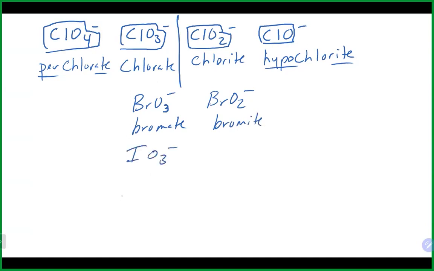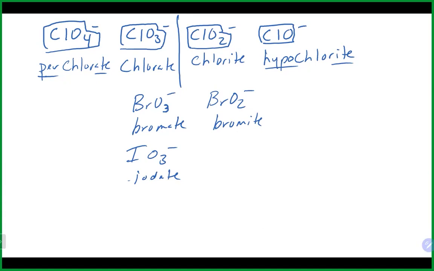IO3 minus would be iodate. So this is how you could pretty straightforwardly, hopefully, figure out some of these polyatomic ions. So there are groups of 2s and groups of 4, and they're related to each other. Any questions on that there?